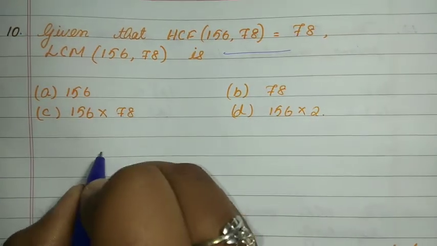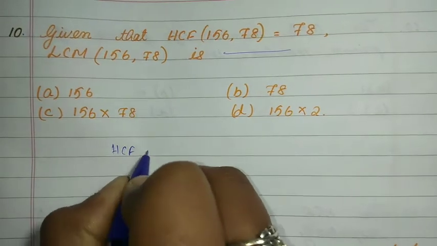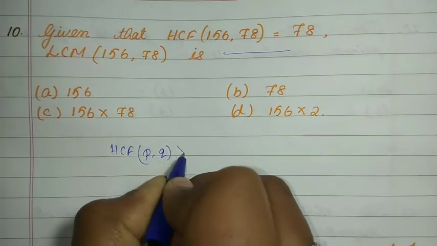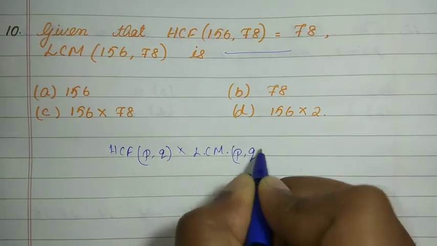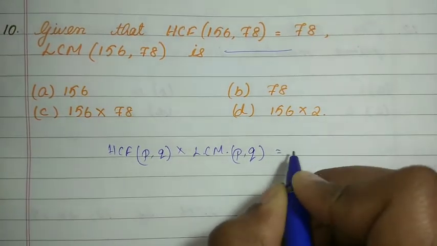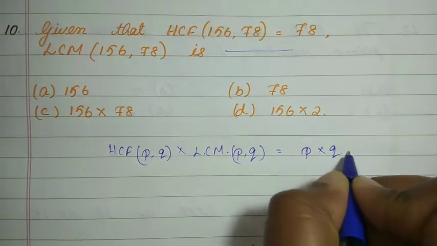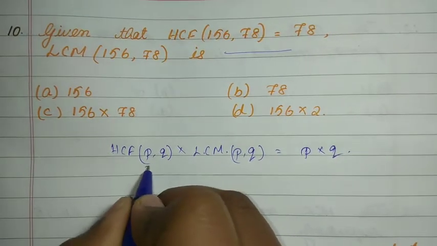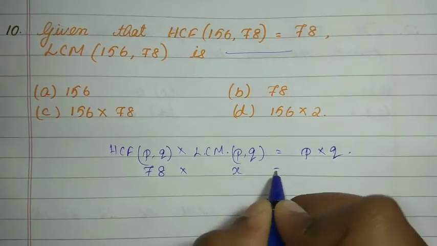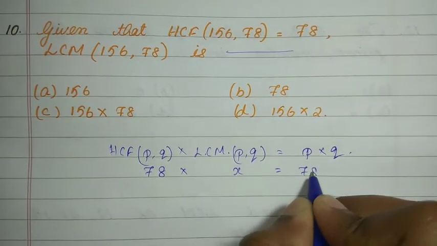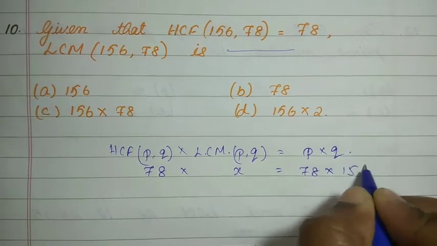So we know the formula HCF of P comma Q into LCM of P comma Q is equal to P into Q. So what is the HCF here? 78 into, let the LCM be X, and my P is 78 and my Q is 156.